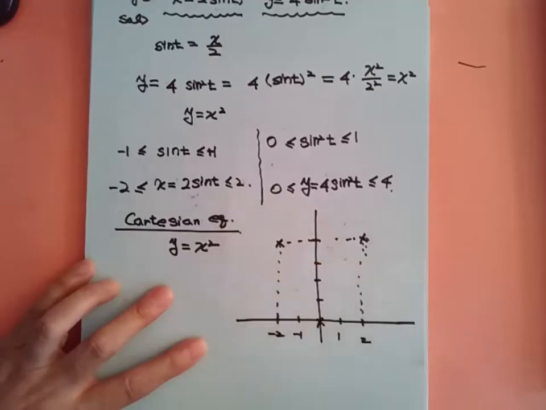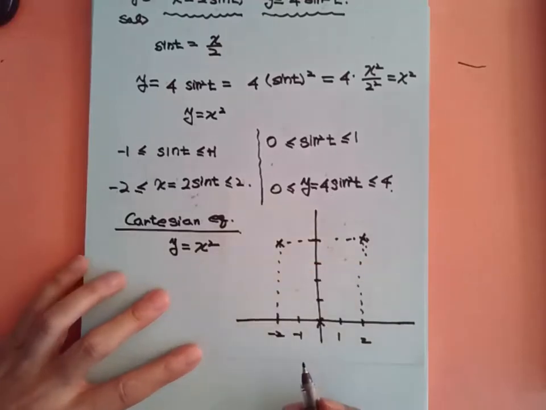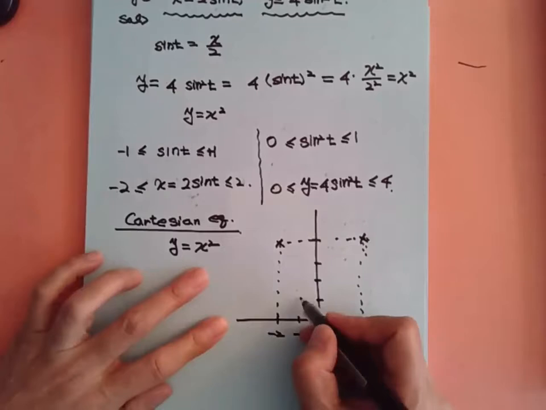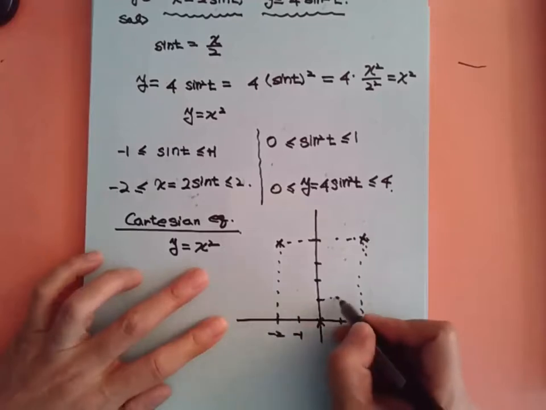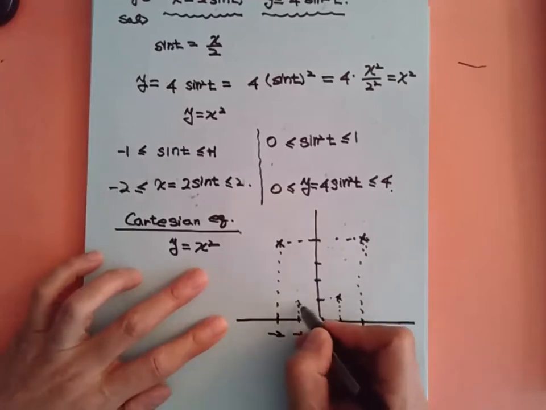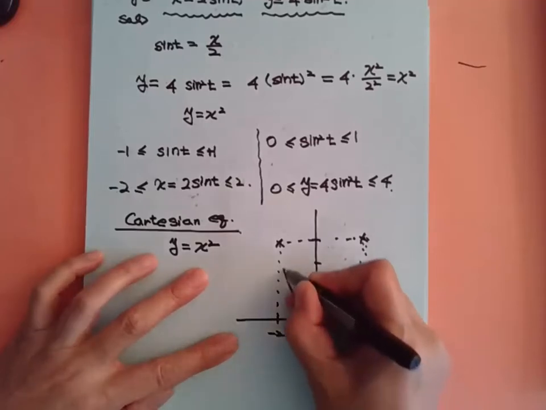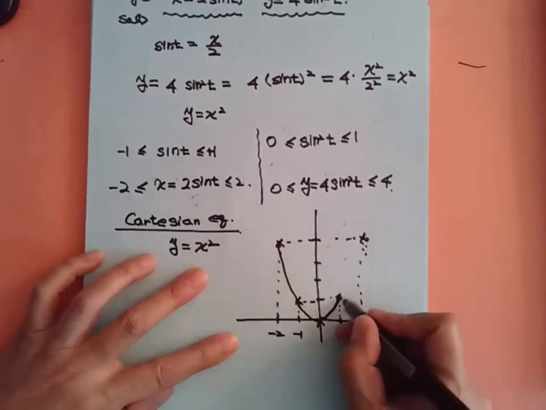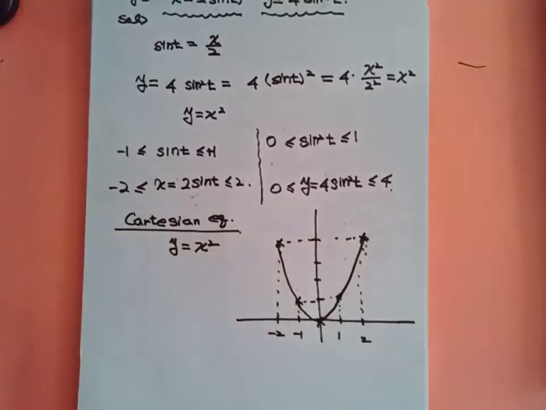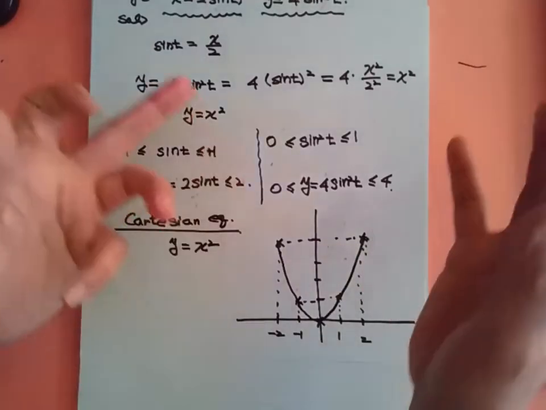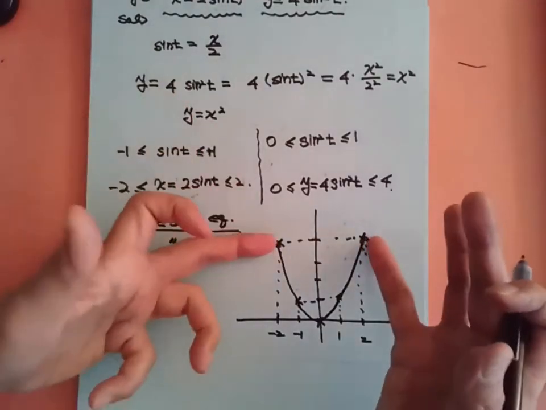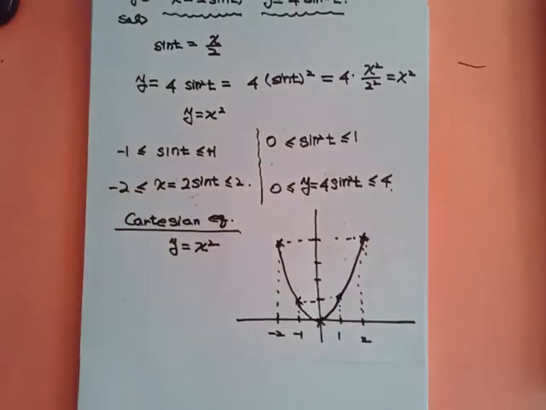It passes through 0, 0. When the x value equals 1, the y value equals 1, and when the x value equals -1, the y value is also 1. So the parabola will look like this. It doesn't stretch to the right and left. It has a clear endpoint.